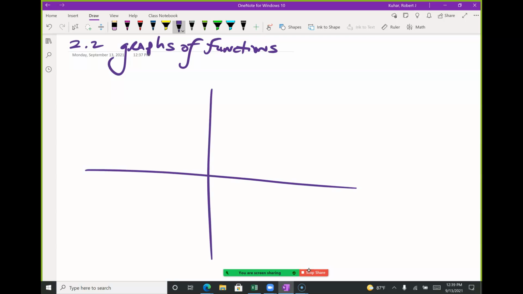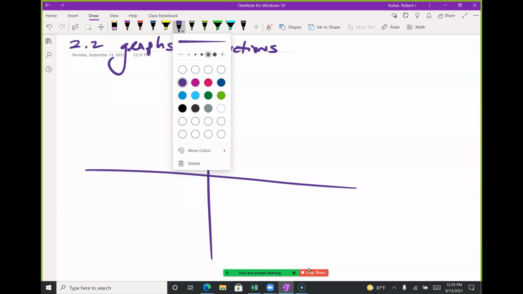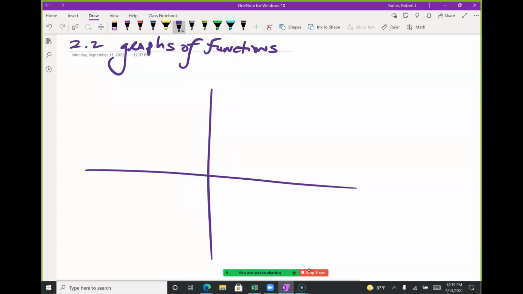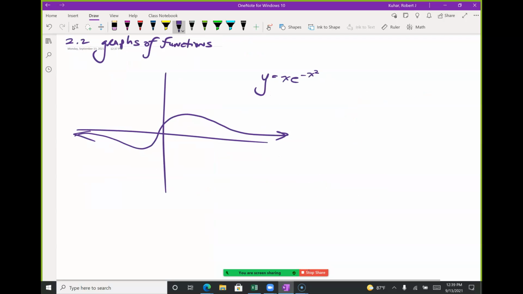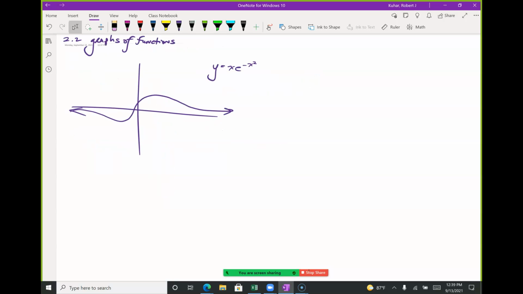But let's look at a particular function. Y equals x e to the minus x squared. My curve is not perfect, but you'll still get the general idea. There are a couple of things on here that we should be able to find.